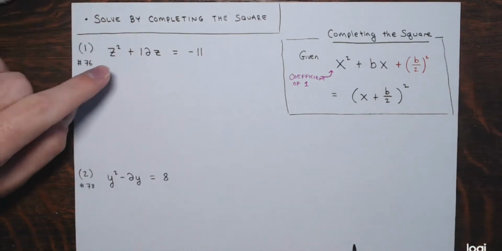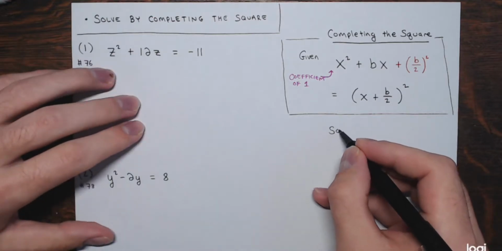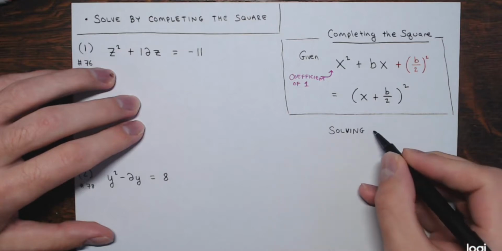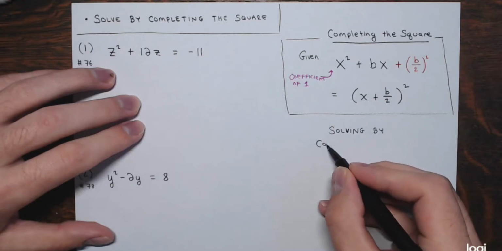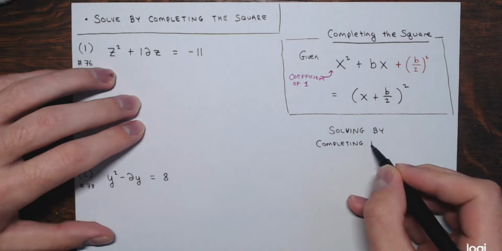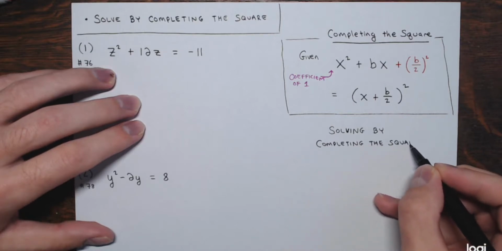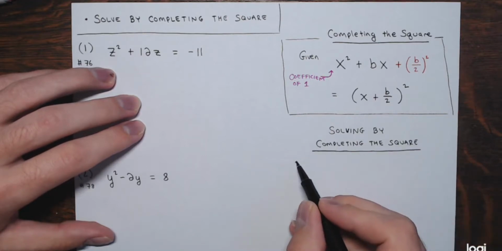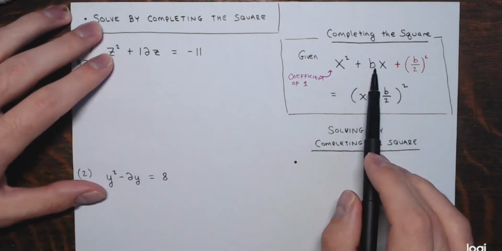Now, to solve a quadratic equation by this completing the square method, we do the following. The first step is to get this binomial on its own side.